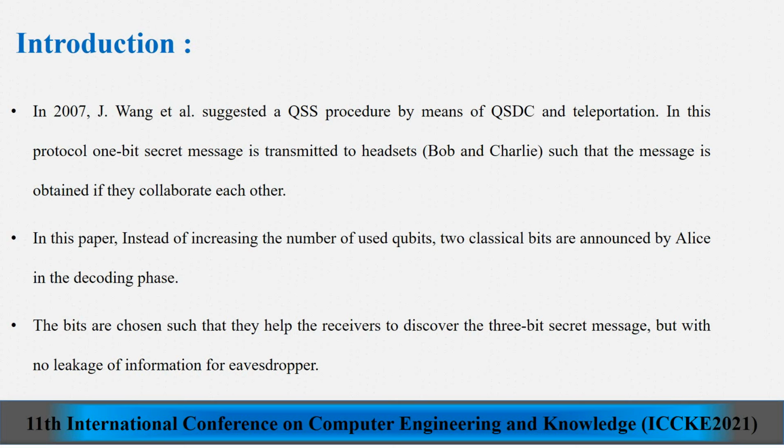In this paper, instead of increasing the number of used qubits, two classical bits are announced by Alice in the decoding phase. The bits are chosen such that they help the receivers discover the 3-bit secret message, but with no leakage of information to an eavesdropper.